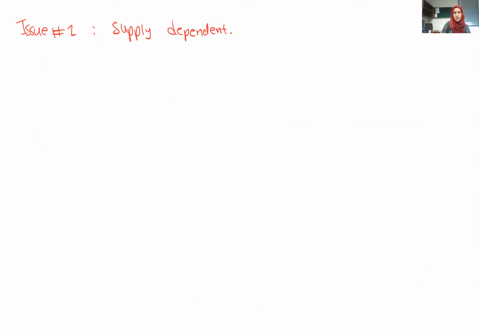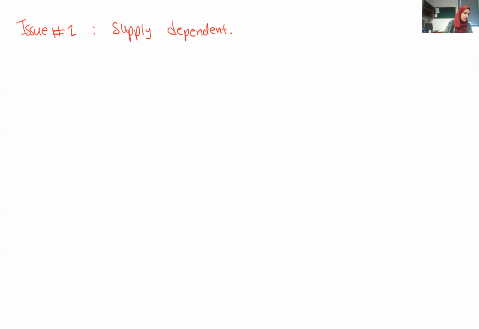So they will be dependent, and this battery might change over time. I mean, the current is not going to be fixed. So the first issue is that they are supply dependent.